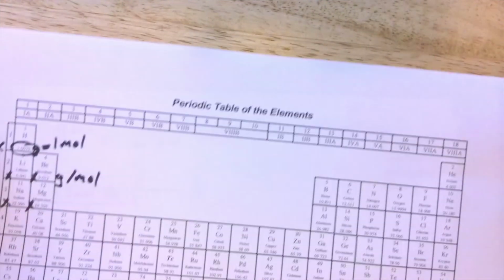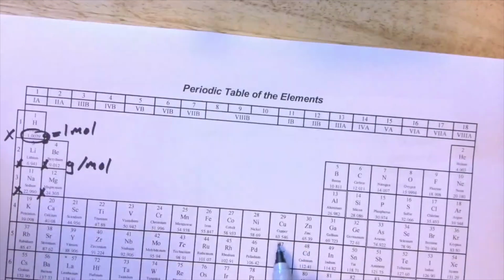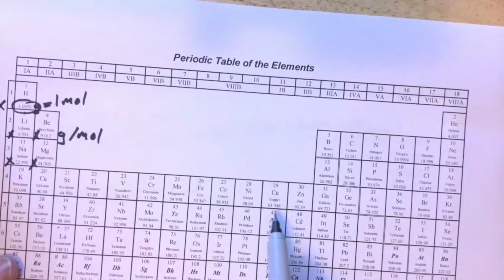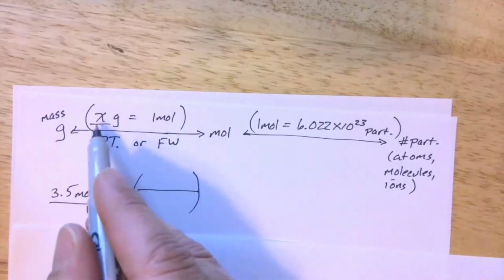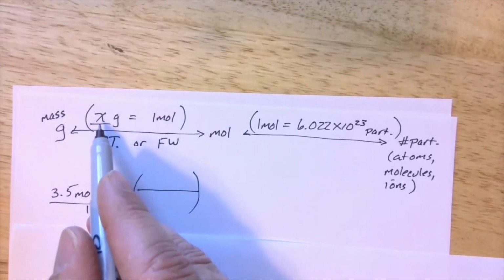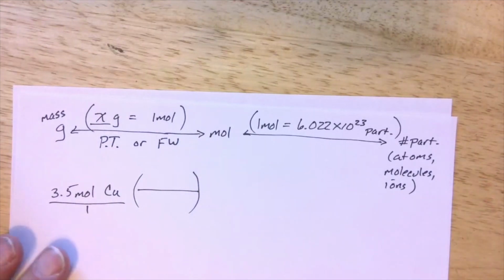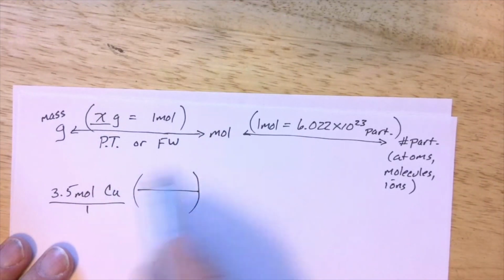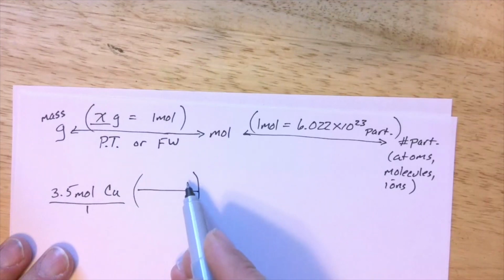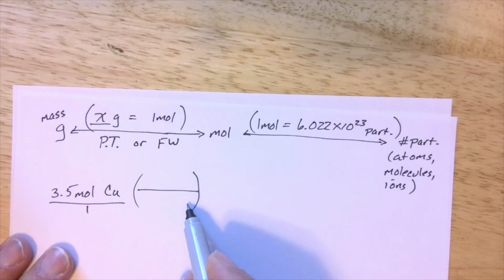So you have to look for copper, and copper is right here. You may not be able to see it, but I would recommend getting your periodic table out. It has a mass of 63.546 grams for every 1 mole. That's my X, 63.546. If I want to convert moles to grams, do I put grams over mole or mole over grams?